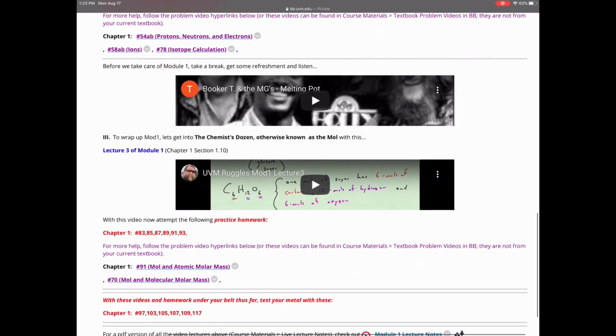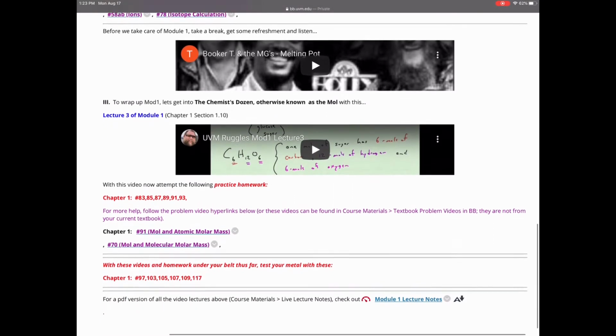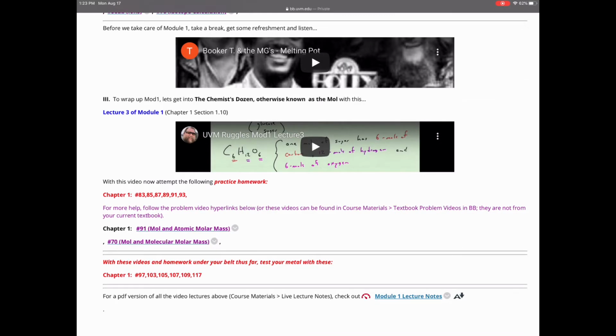At the very bottom, we would always find in the last section in red hard problems that are much more difficult, really proving or testing your abilities and bringing more than one concept together within the chapter. That's the level that we want to get to. And at the very bottom corner, we then have the lecture notes.